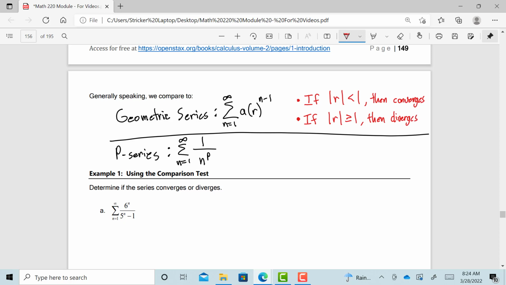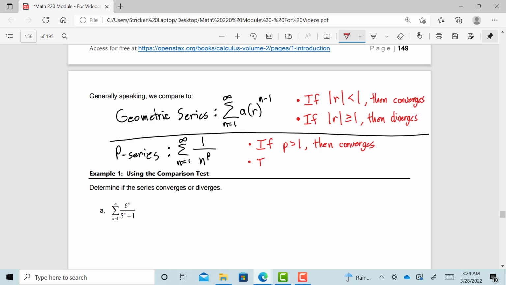Okay, and then for the P series, do you remember what makes a P series converge? Depends on the value of P. So if P is greater than 1, then it converges.